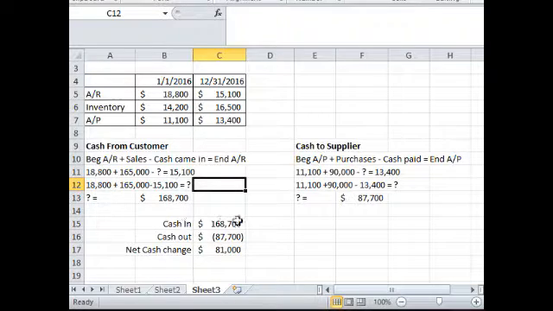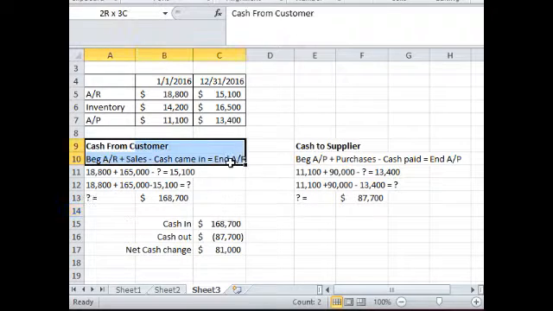So the way I do it is, I try to think of it in the big picture. How do I know how much came from my customer? In any kind of environment, if you have a beginning accounts receivable, that means there are customers who did not pay me, and it's sitting on my accounts receivable journal.